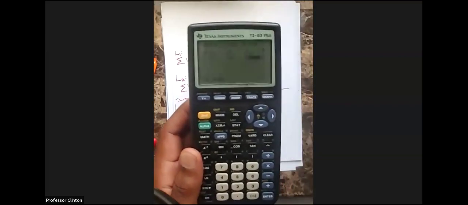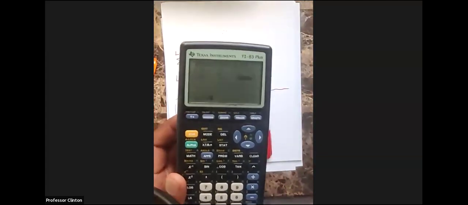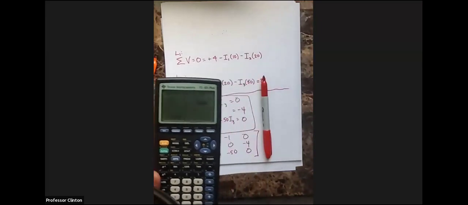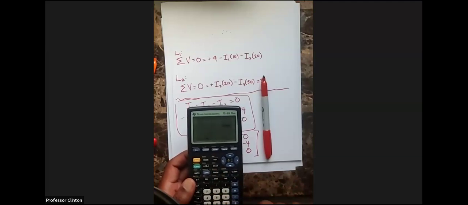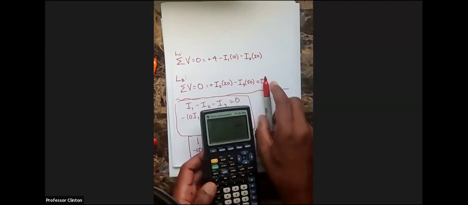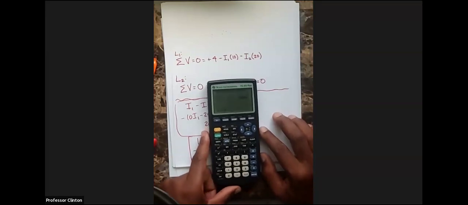Okay, so I went on and entered those numbers in here. It's a little hard to see, but each time you enter a number on this calculator, you'll hit enter and it'll move you to the next cell in here.